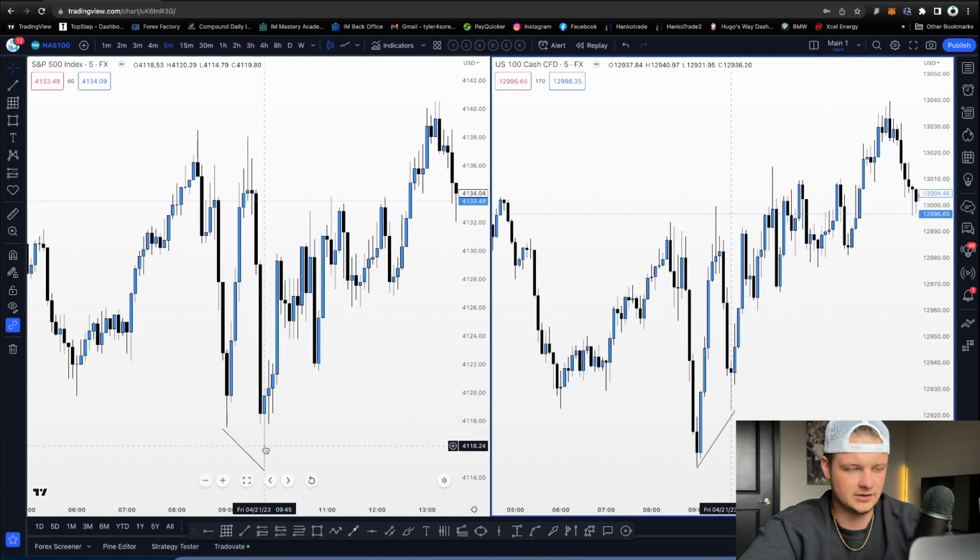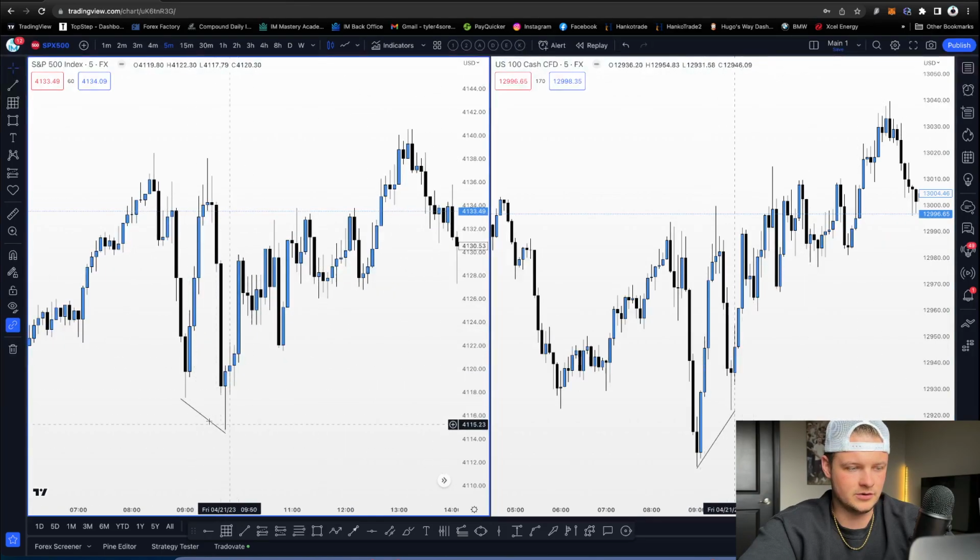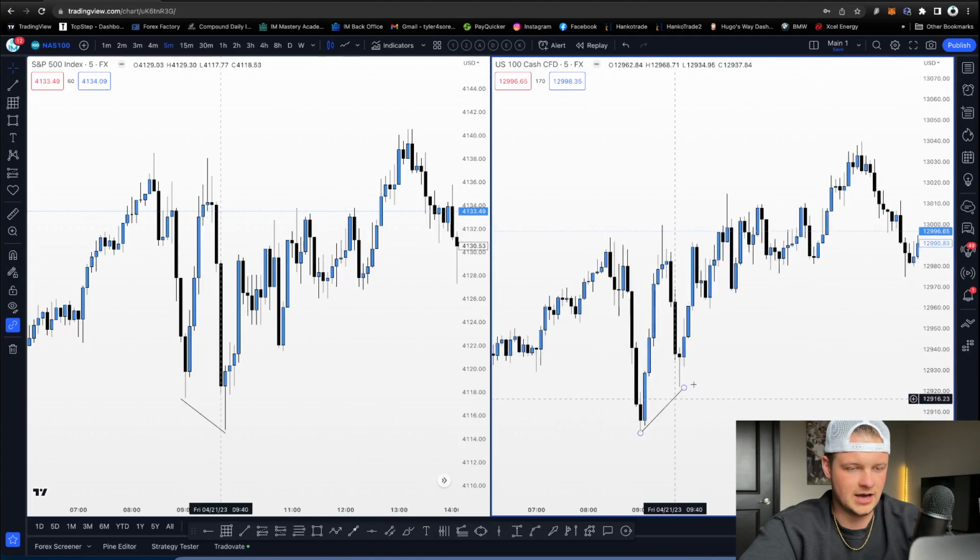You guys see that? It's a little bit trippy looking at it at first, but you have 9:05 to 9:45, 9:05 to 9:45. Okay, so you've got S&P giving you a lower low, and then you have NASDAQ giving you higher lows.